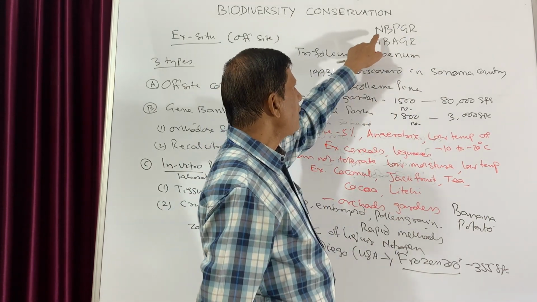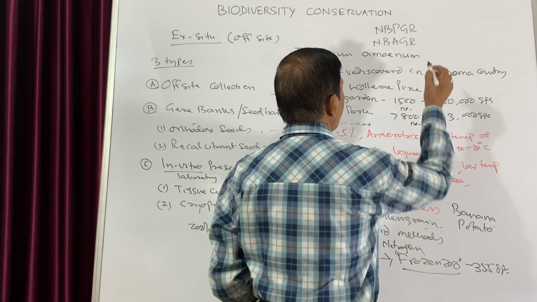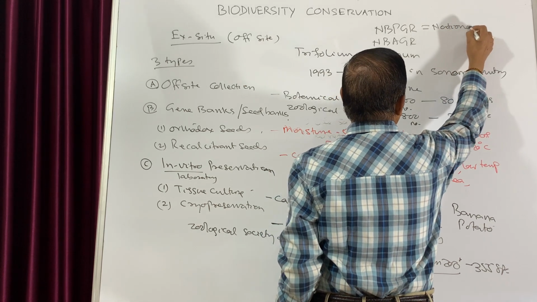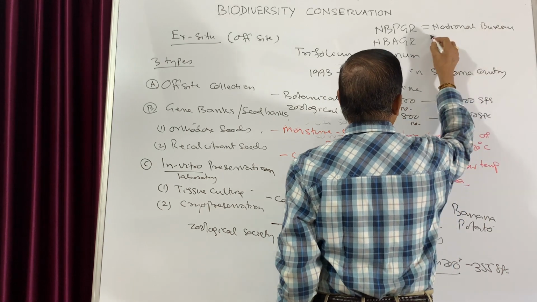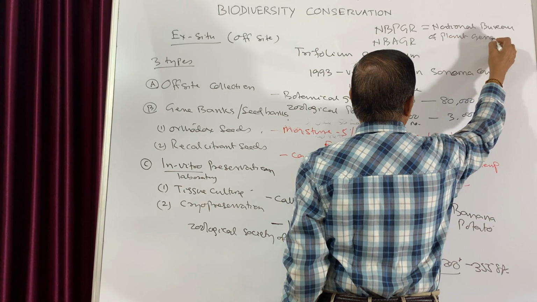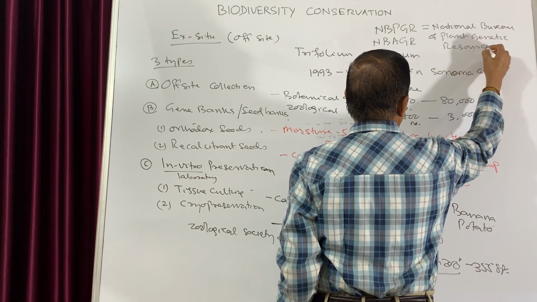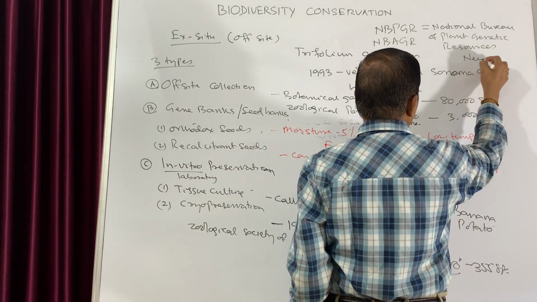So NBPGR is the National Bureau of Plant Genetic Resources, and its headquarters is at New Delhi.